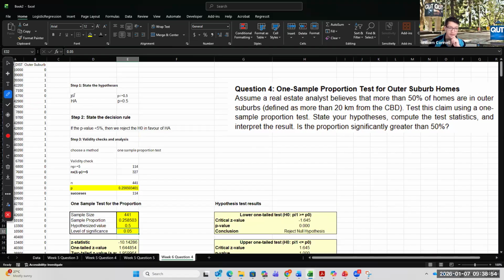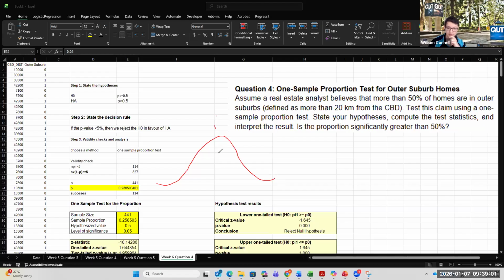So if our alternative hypothesis is the proportion is greater than 0.5, and this is our sampling distribution with a mean of 0.5, then we would be rejecting in favor of this alternative if we found a sample proportion that was sufficiently large, right? And then it would be in this tail up here. So because this is where we're rejecting, what we're looking at is an upper one-tailed test, right?